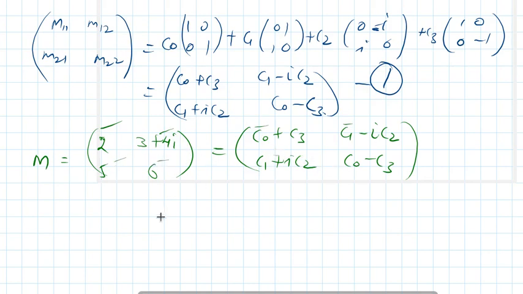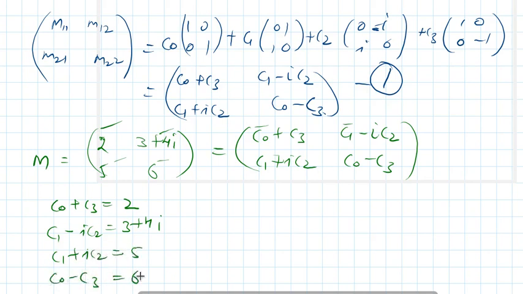Corresponding elements must be equal. So C naught + C3 = 2, C1 - iC2 = 3 + 4i, C1 + iC2 = 5, C naught - C3 = 6. Let me call these equations 2, 3, 4, and 5.